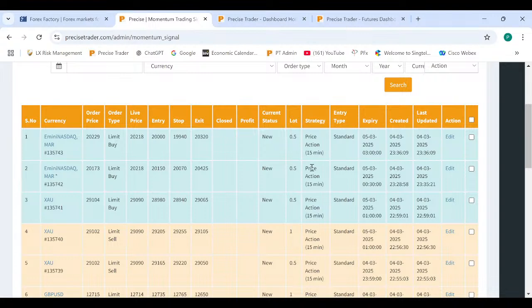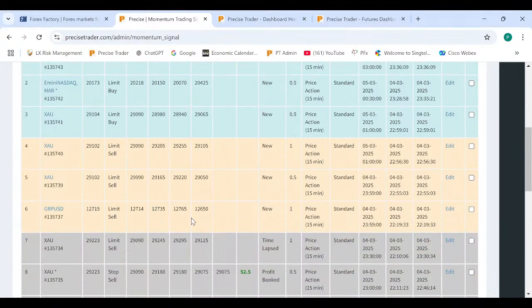Okay, market going to take sell limit for gold. Wait, what? The stop loss, please. Okay, the sell limit, I told you we have already given. We want to sell at 16 half, 20 half. So this is the only thing, 16 half.